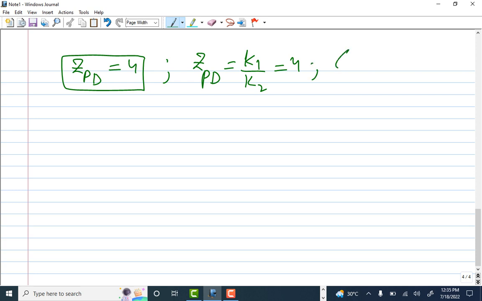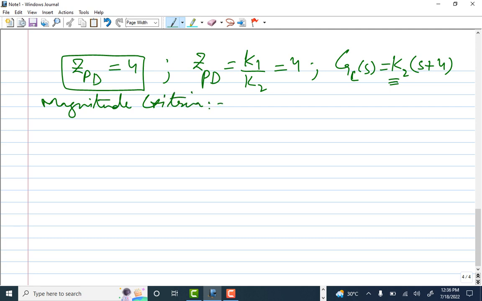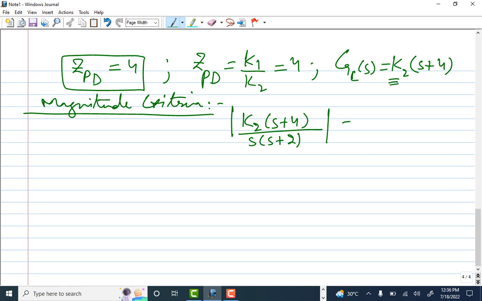Now the controller that we have come up with until now is G of S equal to K2 times S plus Z. We know the location of the zero, that is Z. Now we have to find this K2. For that we use the magnitude criteria. If you remember, the magnitude criteria was that the magnitude of K2 times S plus 4 into S plus 2 must be equal to 1.